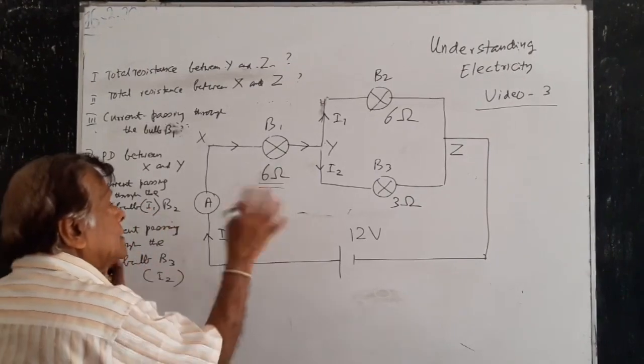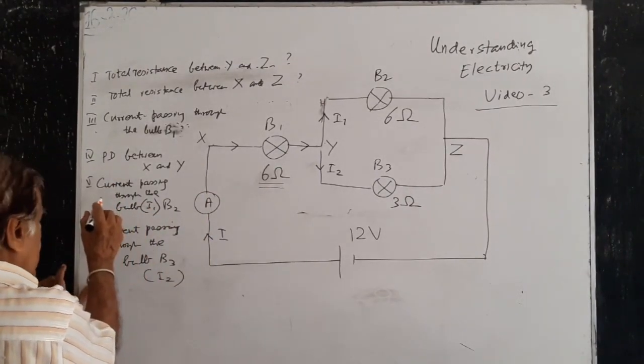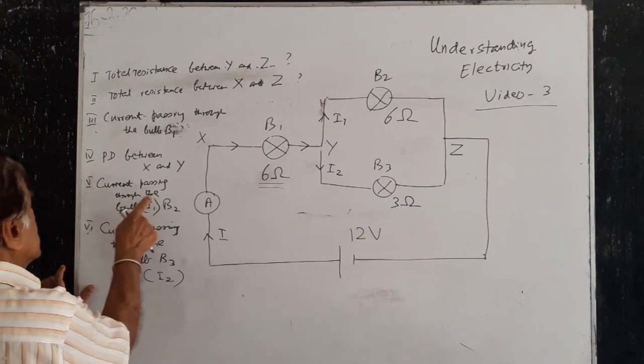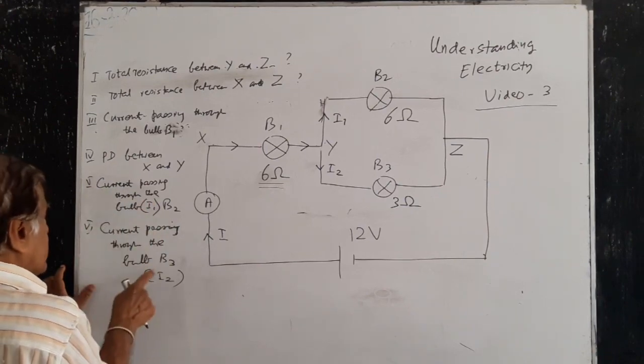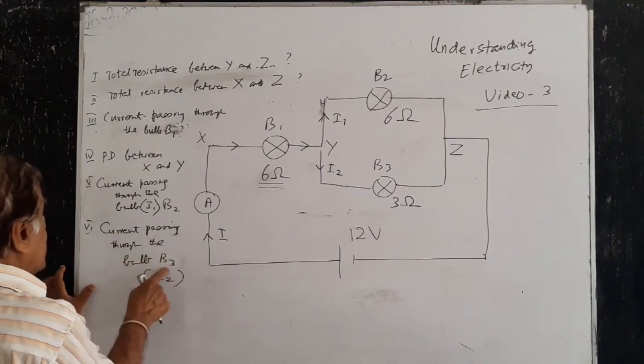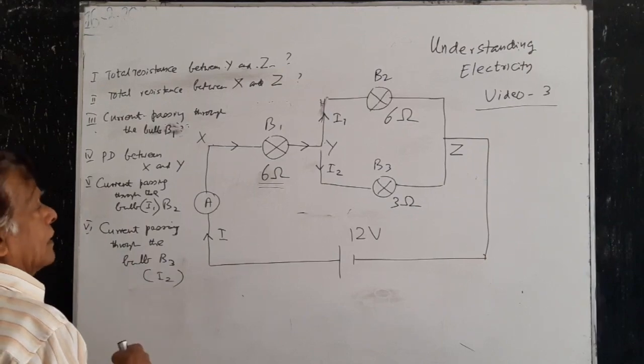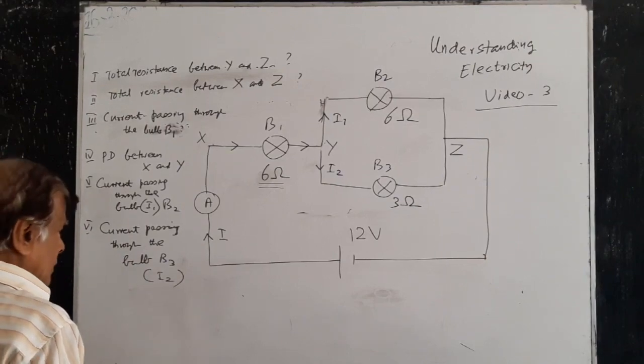You have to calculate that to find I1 and I2. Now you have to calculate the current passing through the bulbs, I1 and I2 both, that is the current passing through the bulb B3 and the current passing through the bulb B2.